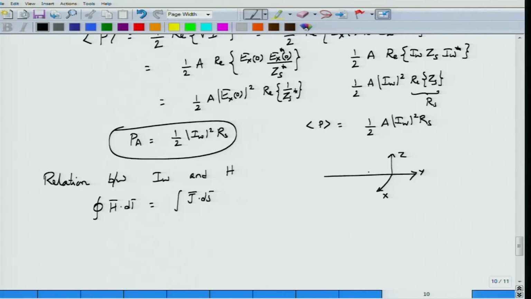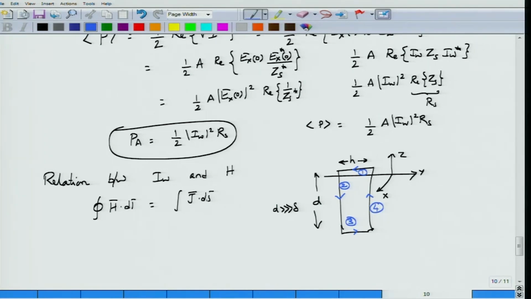So on the surface, if you look, form a path of integration having h units along y and d units along z, where we assume that d is much larger than the skin depth, so that the fields down in the metallic surface are almost 0. We consider the path going along segment 1, segment 2, segment 3 and segment 4.